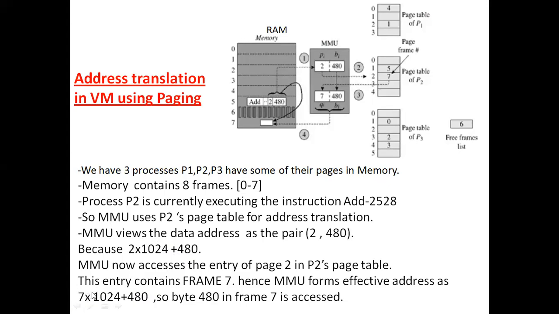So now the actual physical address of this 2480 will be in frame 7, and in that frame 7, the offset will be 480. So I can access this logical address as 7 into 1024 plus 480. So the 480th byte in frame number 7 is being accessed.